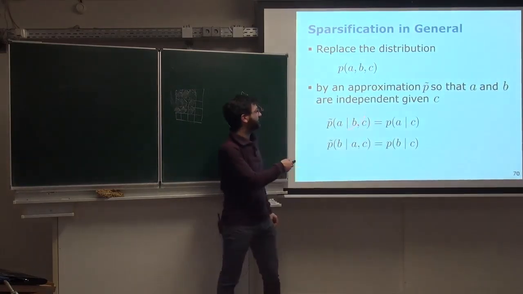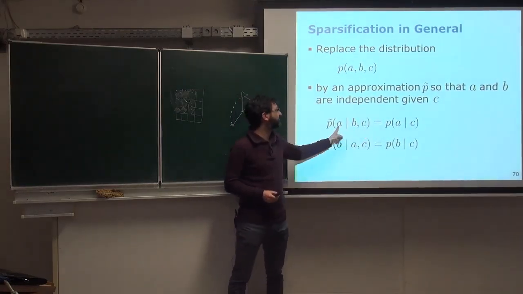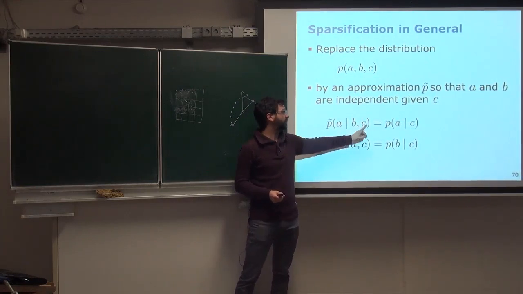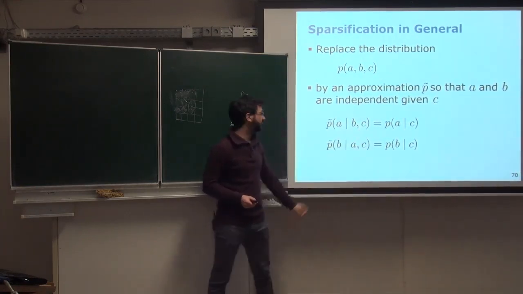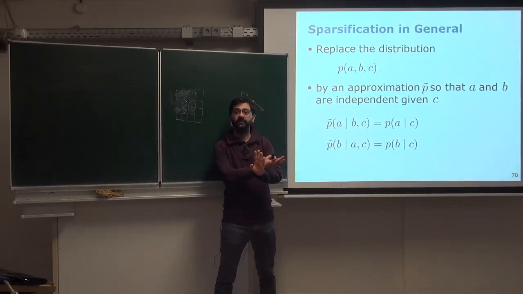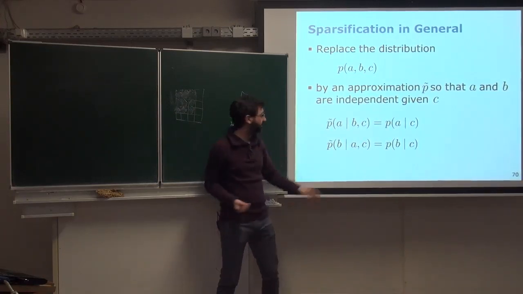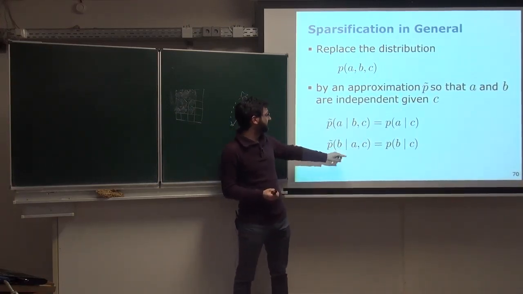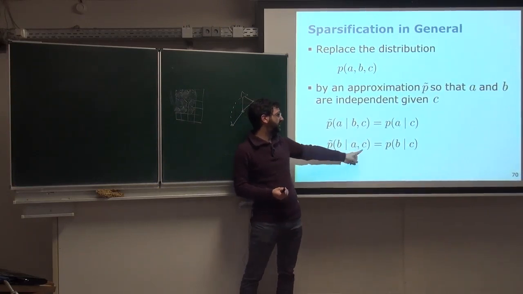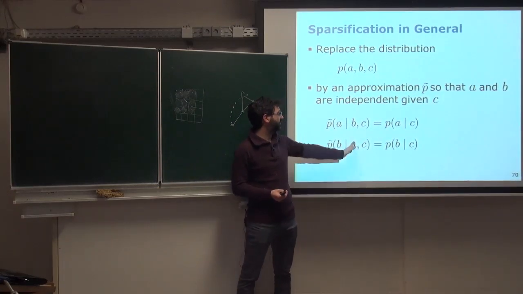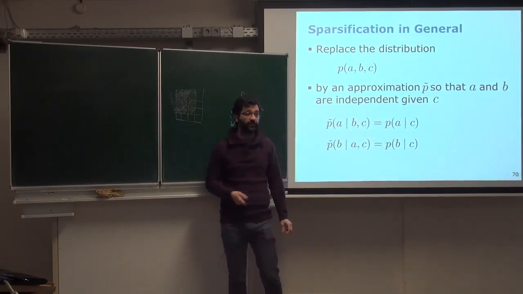So basically, we can cut out the B here because it doesn't influence A once we know the value of C. And the same holds if you flip everything, because independence is symmetric. So we also say that the density of B given A and C is independent of A, so it only depends on C, okay?